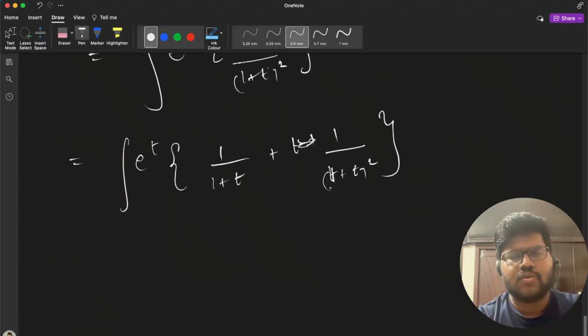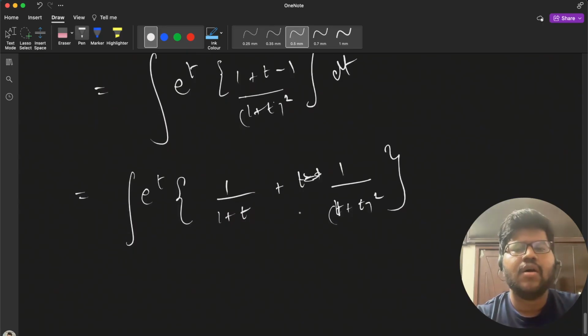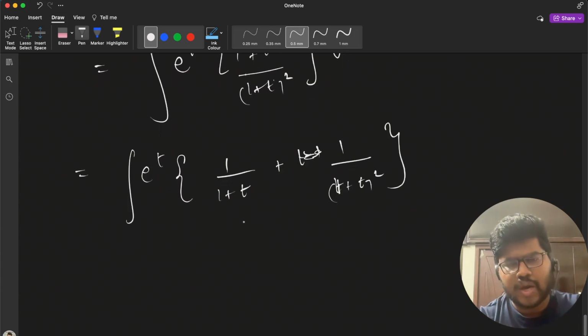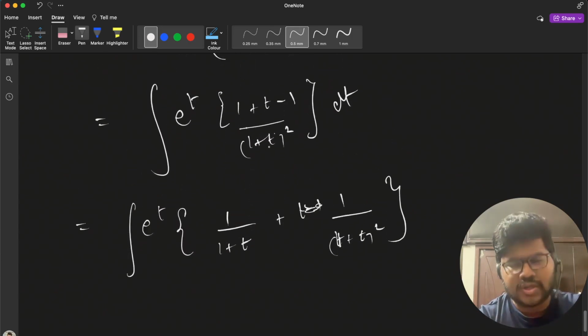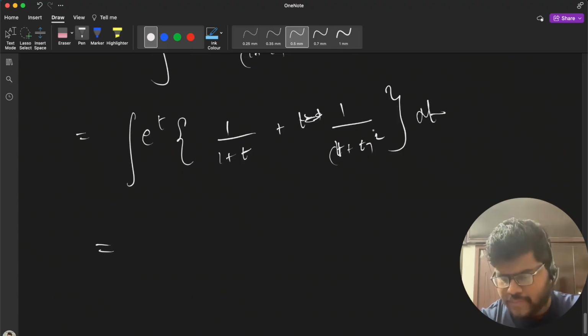So (1 plus t) square plus 1 gives 1 plus 2t plus t square minus 1, and in the numerator 2t minus t is t, so we got 1 plus t minus 1. This way we can simplify it.